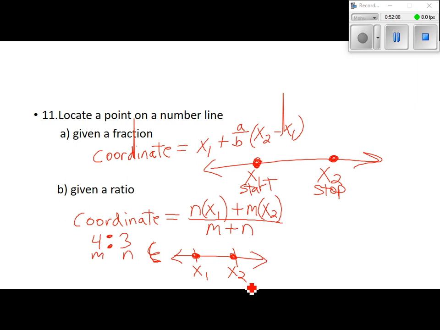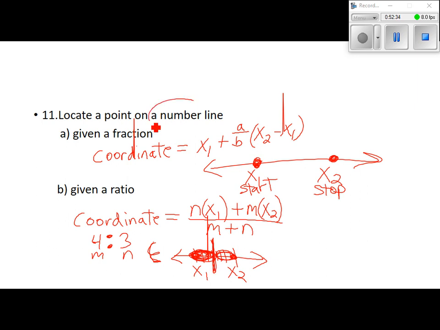Remember, if we're at 4 to 3, you're getting how many parts of the segment? 4. 1, 2, 3, 4. So you're getting all this, and your friend is getting 3 of the parts. We're just splitting it up, trying to figure out where we're splitting it up.